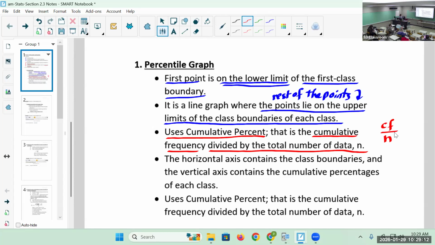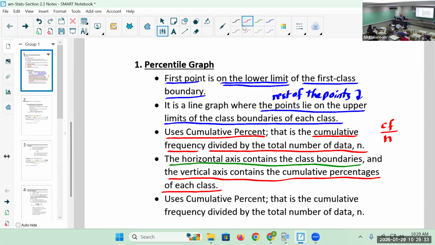Now, the horizontal axis contains the class boundaries. That seems kind of like a histogram where we actually use the class boundaries. And then the vertical axis contains the cumulative percentages of each class.